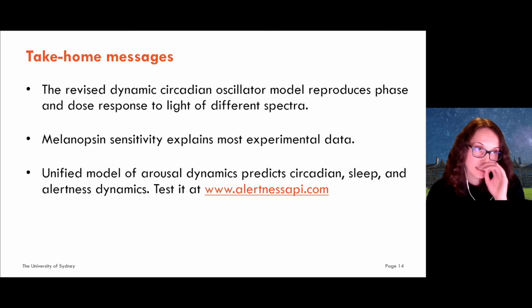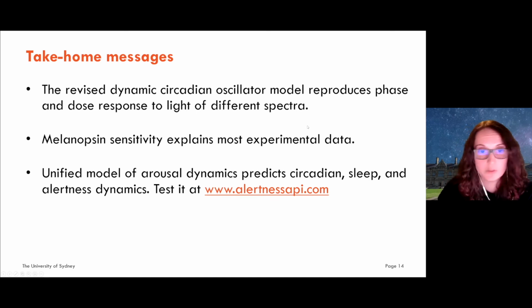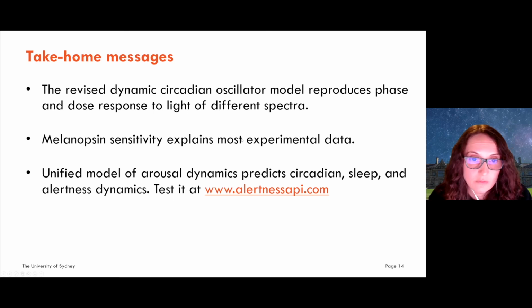Okay, so the take-home messages, just quickly to recap this: we've revised the dynamic circadian oscillator to incorporate the effects of light spectrum, so it can now be used with any light source. And we have found that melanopsin sensitivity explained most of the experimental data, maybe with the exception of the 6.5 hours melatonin suppression.